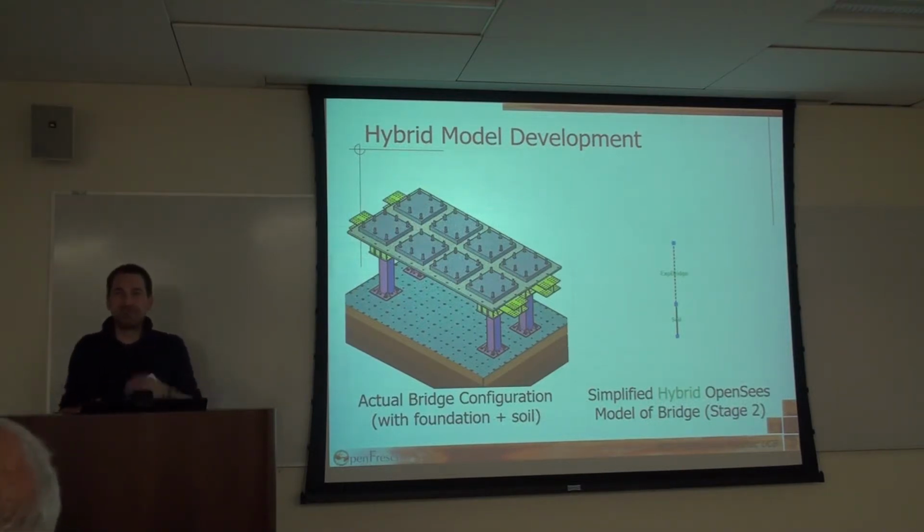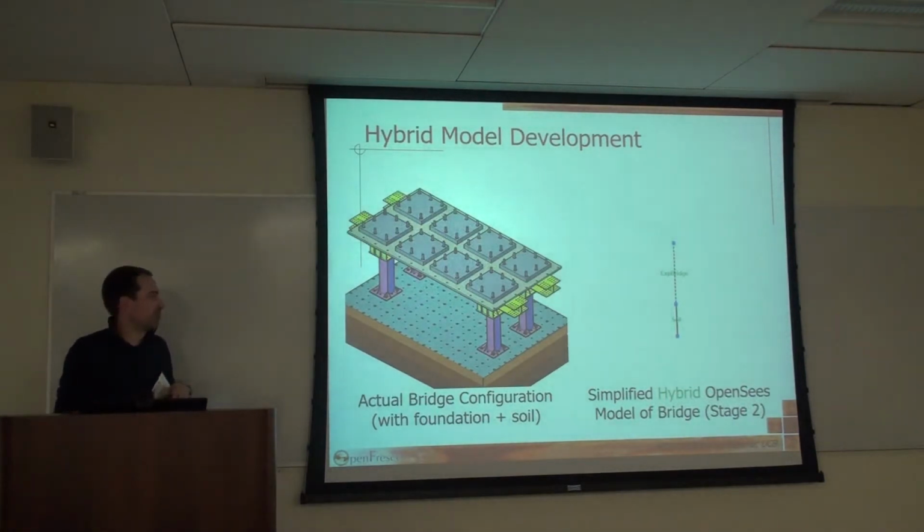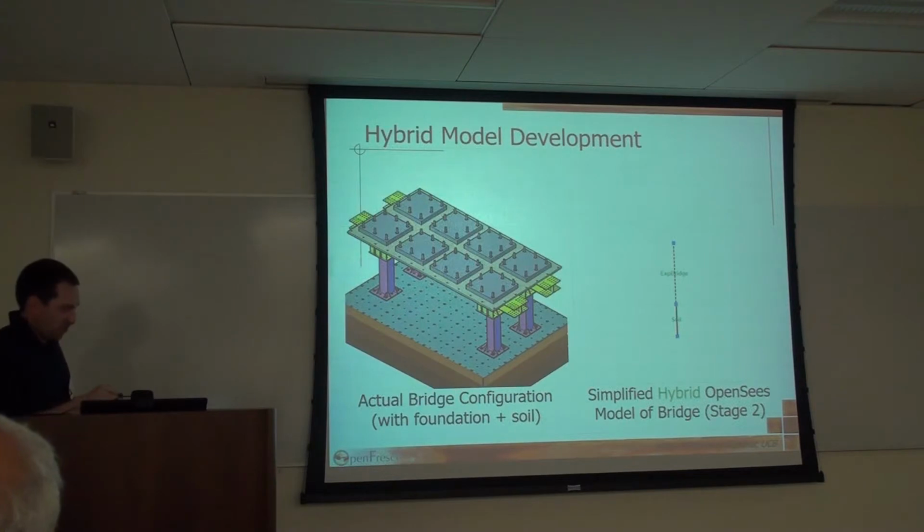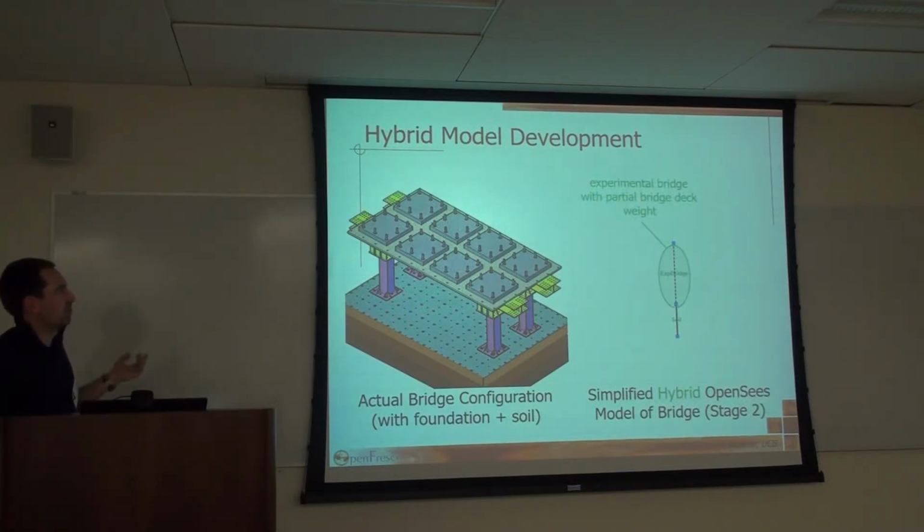It's, I guess, a different way of model reduction technique than what we've seen from Shanghai. So what we did is we simplified this model basically into what I have over here. So we have like at the bottom an element representing our soil, and then an experimental element representing our bridge. So it's a very simple thing.